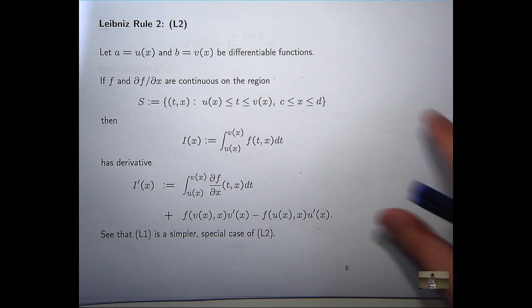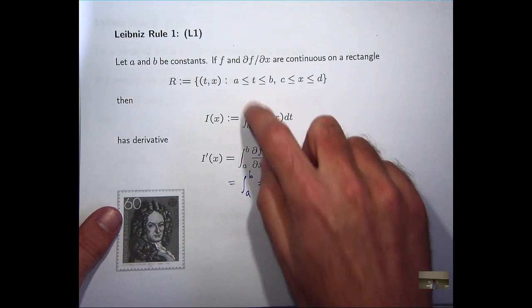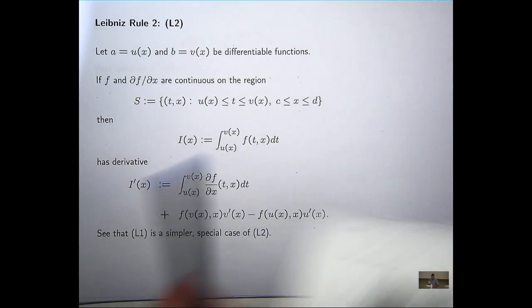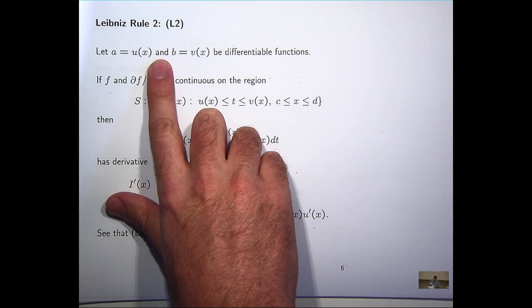All right, here's a slightly more difficult one. This is the more general version of this Leibniz rule. I'm going to call it L2. Instead of having constants in the limits of integration like we did here, imagine that u and v are differentiable functions.